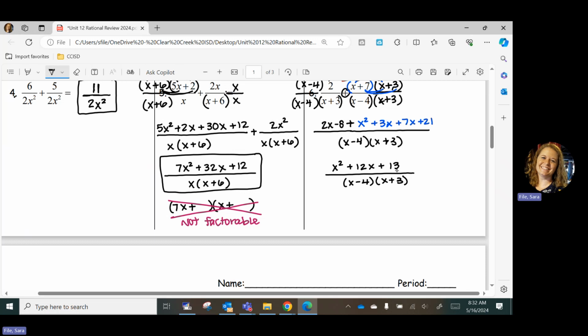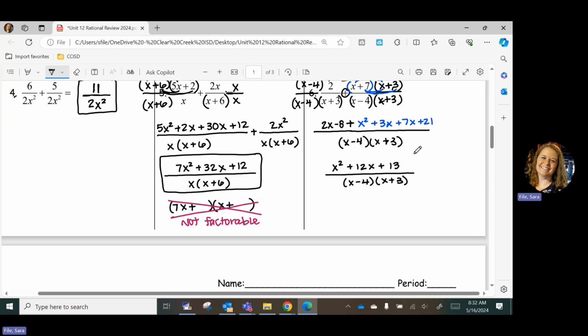Now I can tell you right away, this is not going to reduce, because what are the only factors of 13? Because 13 is prime, right? It's 13 and 1. 13 and 1 is not going to combine to 12. It would combine to 14. So I know, and I can say that really fast because this A is an understood 1, this is not going to factor. I'm not even going to bother trying it because I can see it right away. That's as far as we can take it.